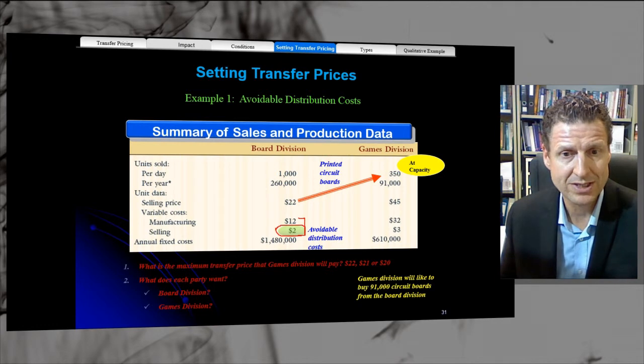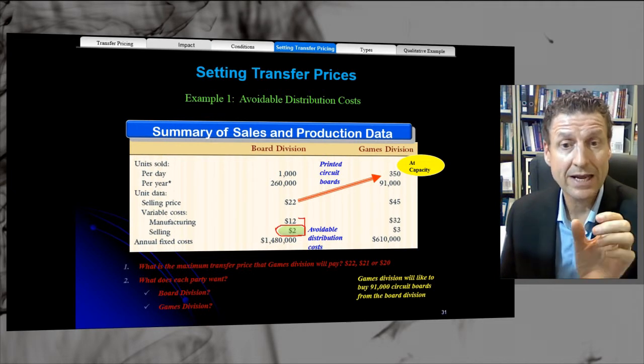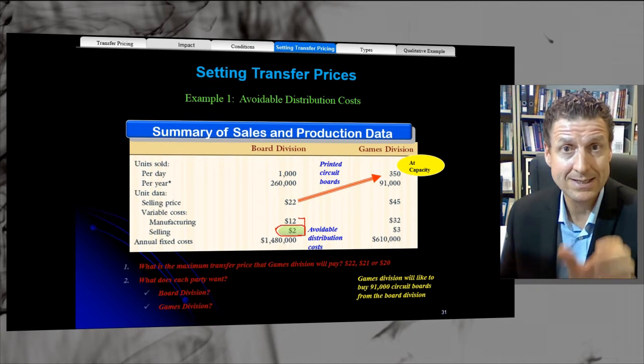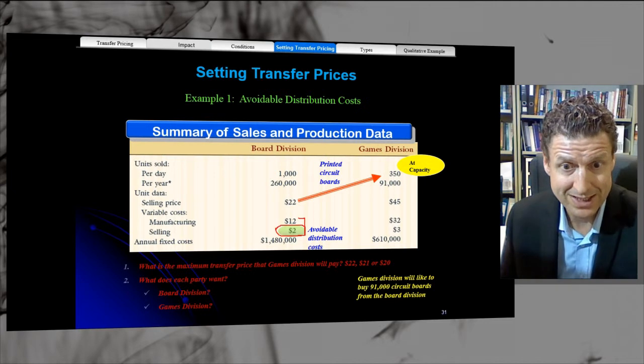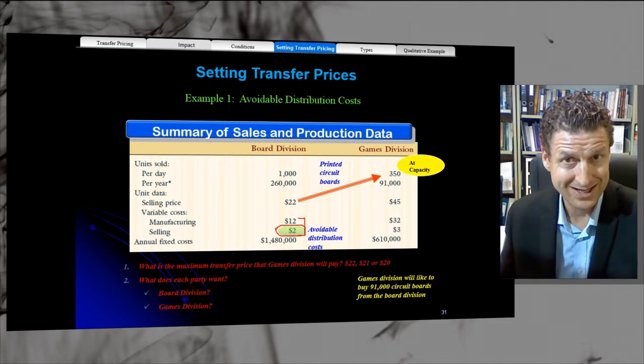So variable costs is $12 and the contribution margin is what? $8. That is the minimum transfer price. 12 plus 8 is what? $20. So the minimum transfer price, if board division does not have excess capacity, is $20. If board division has excess capacity for all these units, then you can move the transfer price down to just $12. You can see that, can't you?